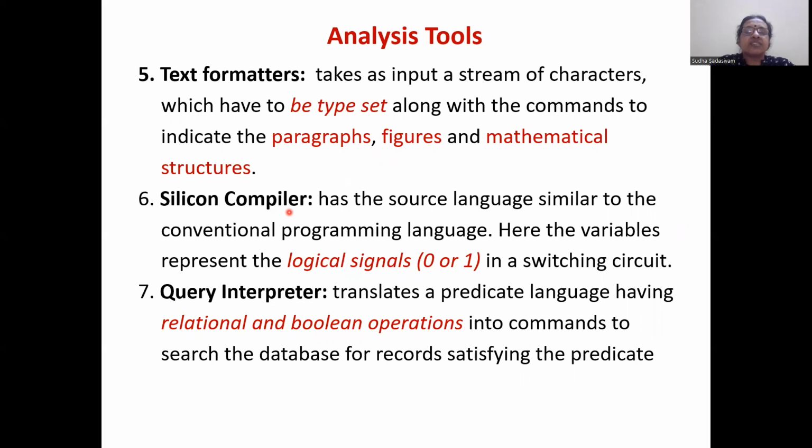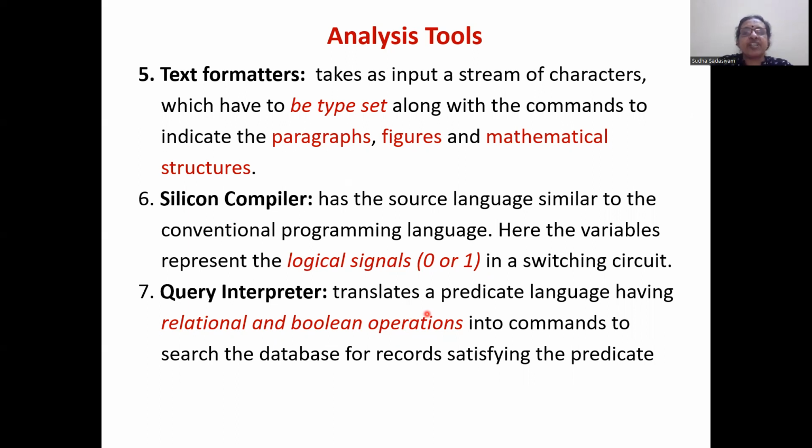Another analysis tool is the Silicon compiler. The Silicon compiler is similar to any other compiler. It has a high-level language, but the low-level language, zeros and ones, represents logical signals which can be given as input to a circuit. Such a compiler is said to be a Silicon compiler. The next type of analysis tool is the query interpreter.